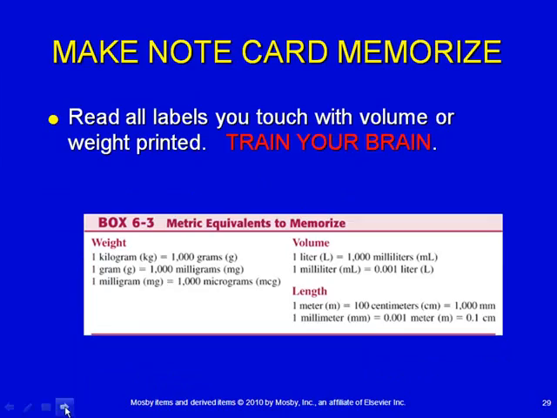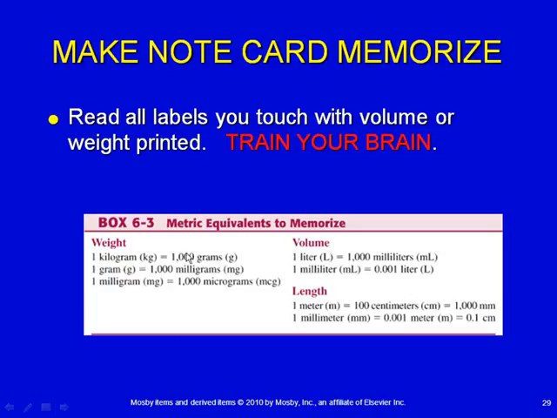We've had this equivalent chart, so we want to once again look at it at the bottom of page 64. It's in your textbook. And this is where we have the equivalents to memorize. That means make a flashcard.